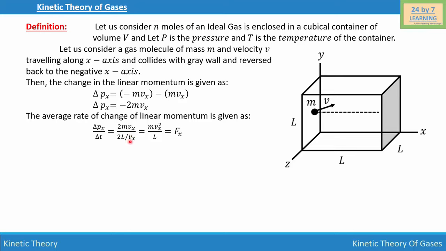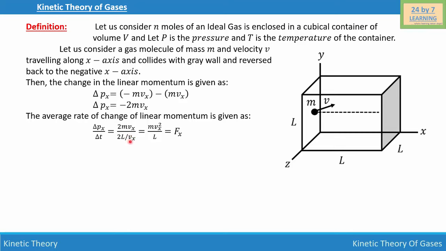So let's consider the pressure experienced by the molecule, P equals force over area. We are considering the force along the x-axis, so we write Fx over area, which is length square. Now let's substitute the value of Fx, and we write P equals Fx1 plus Fx2 plus Fx3 plus ... plus Fxn over L square, where Fx1, Fx2, ... Fxn are the forces acting on n different molecules.